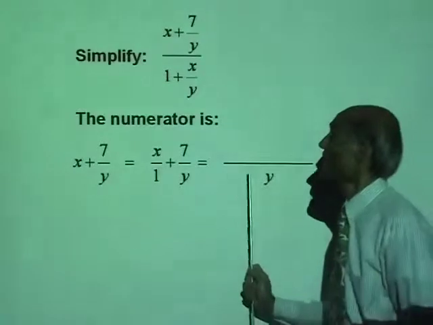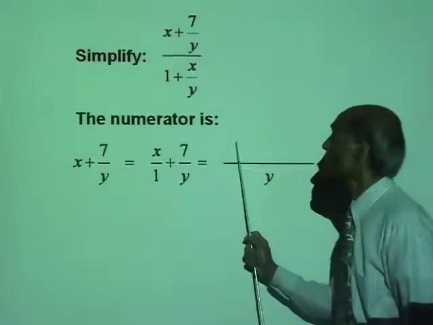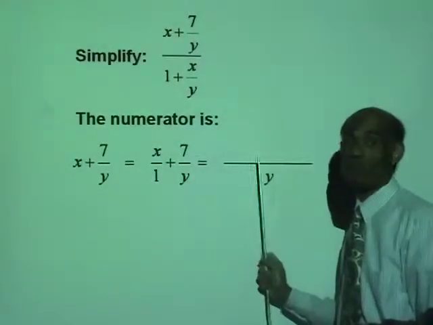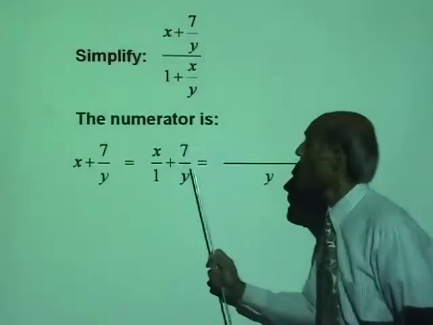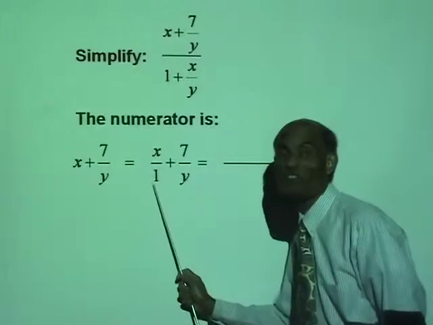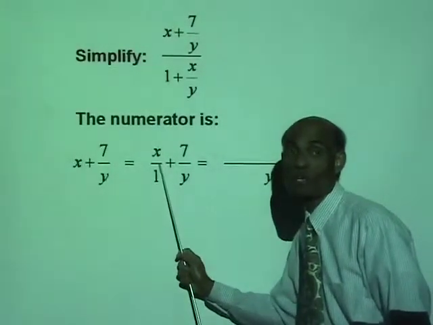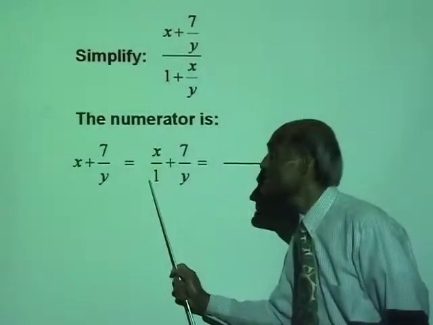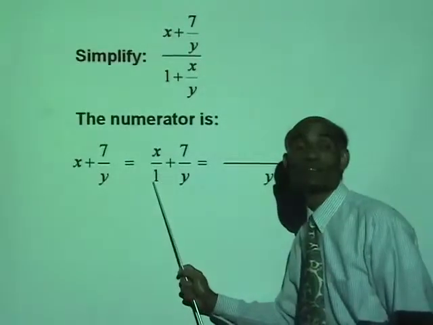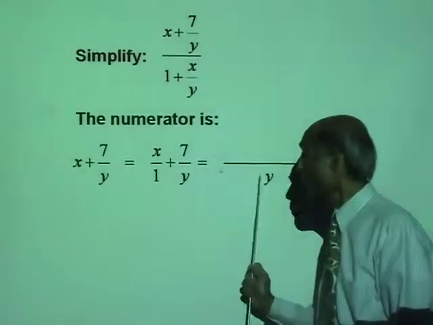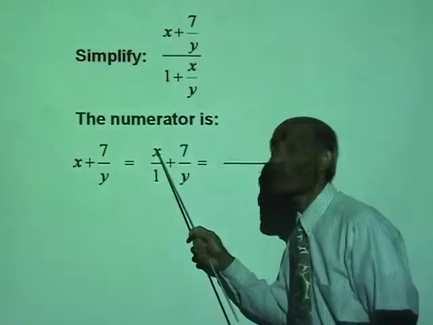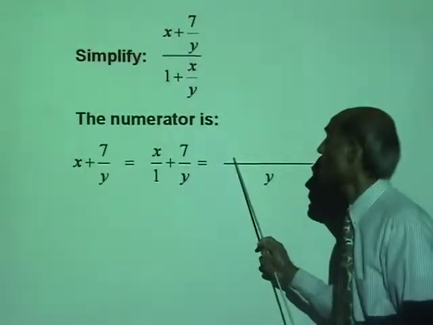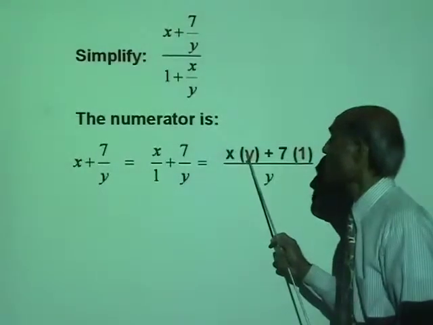Alright? Now, how do we construct the numerator? I hope you remember the method. Now, the common denominator is y, and what is the factor from the common denominator that is missing here? y. y is missing there. That means this x will now be multiplied by y right there. x times y.